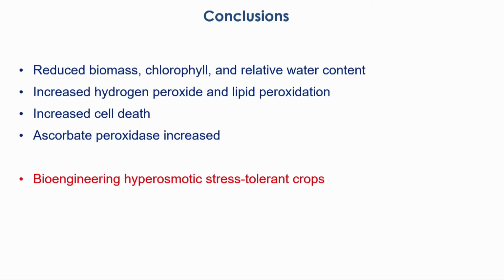And the conclusions that we saw in our study was that there was reduced biomass in the sorghum because of the abiotic stress that we had exposed it to, as well as reduced chlorophyll content.